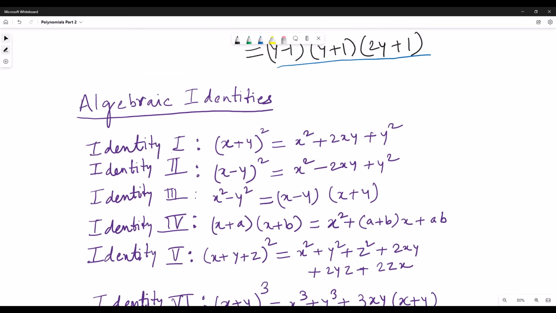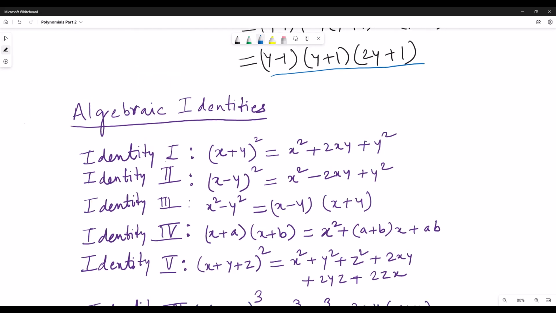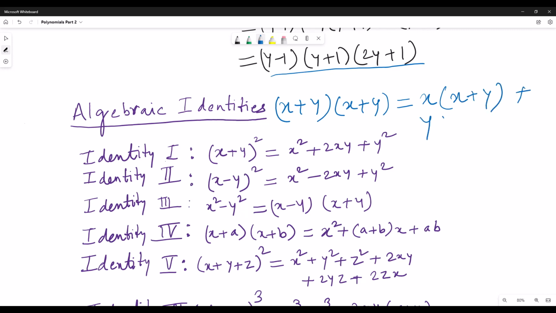So how will you know (x plus y) whole square is x square plus 2xy plus y square? We can try to actually multiply this. You do not have to remember everything at first glance. First you have to find out how this is coming, the proof of the formula. If you know the proof of the formula, you can very easily remember it.